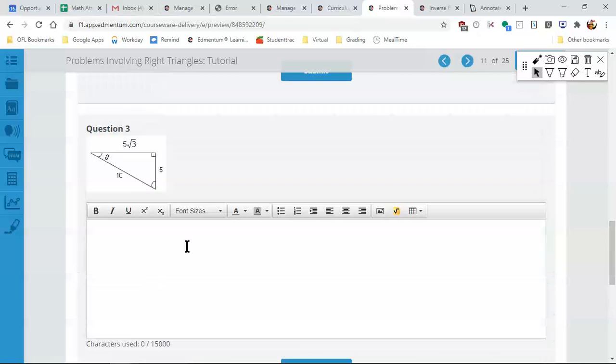And the rest, well, might as well do them. I was like, you guys can do the rest, but might as well do them together. That way you guys can take notes or screenshot, whatever you need. So if we're doing this, opposite, because our angle here, we're going to go opposite to it. Adjacent is this, and our hypotenuse is this.